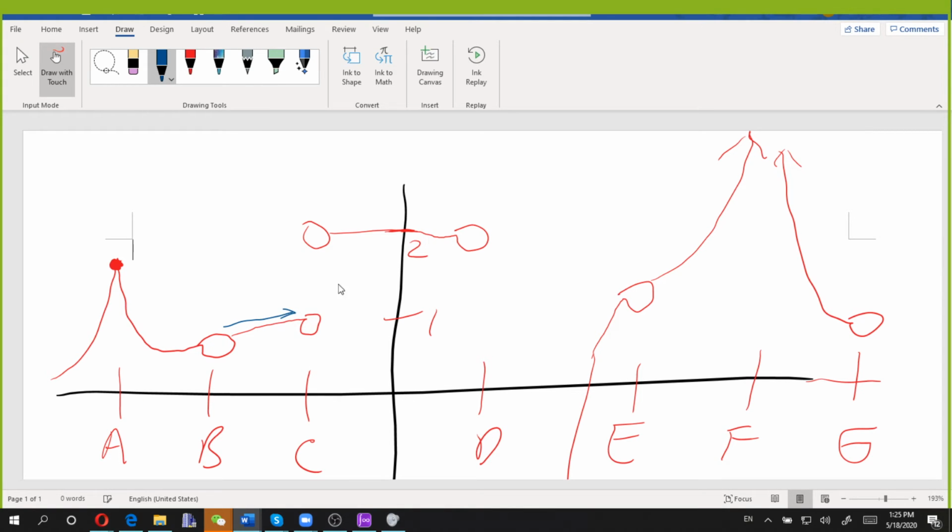What's my limit from the right? 2, perfect.